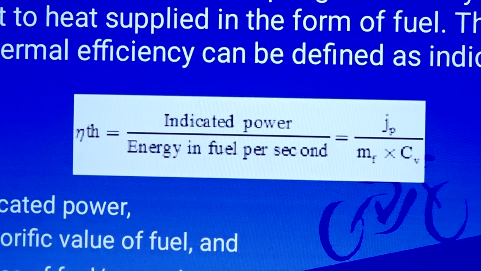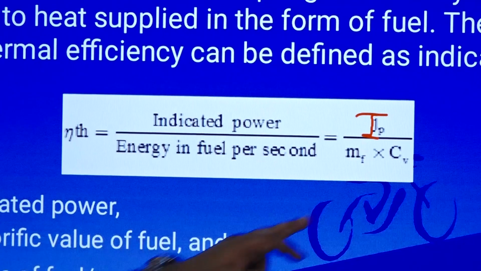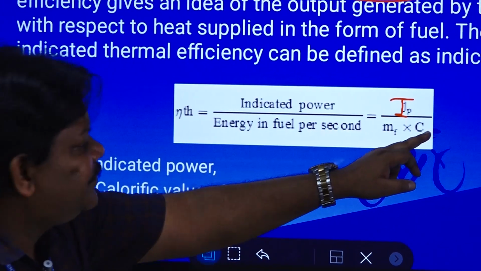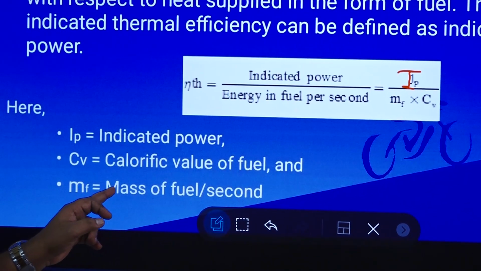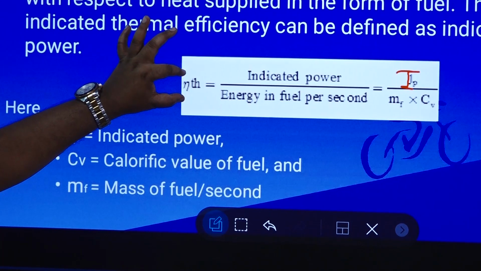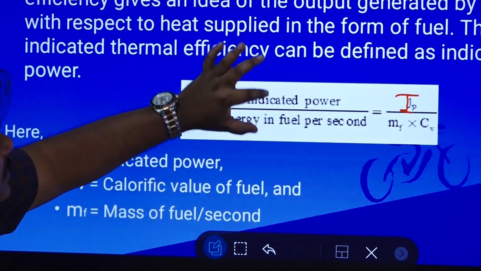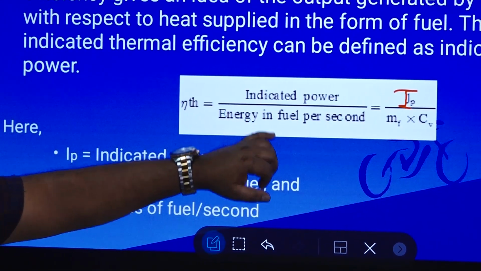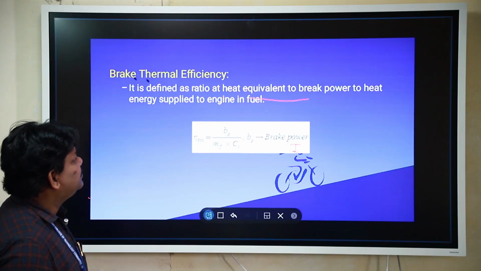So this IP divided by mf, the mass of the fuel per second, into the calorific value of the fuel in kilojoule per kilogram. So indicated thermal efficiency is the ratio between the indicated power and the amount of energy in the fuel per second.